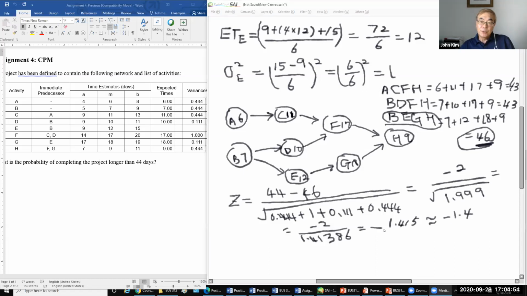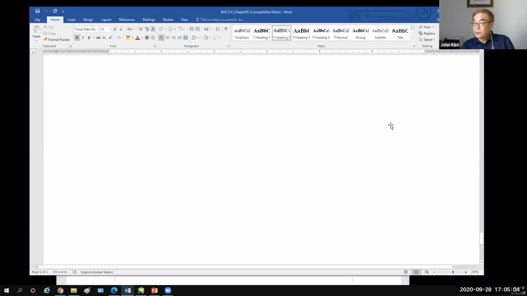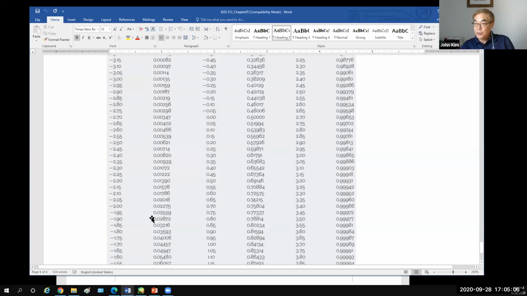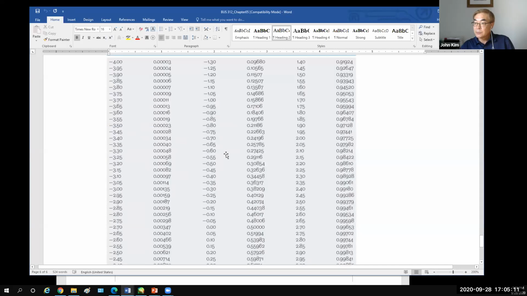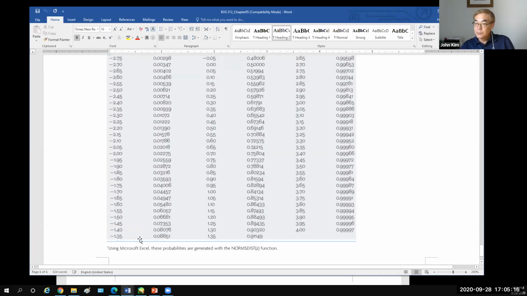From the normal distribution chart, find negative 1.4. So 1.4, where is it? Not here. Oh, 1.4 here. So the area is 0.08076.